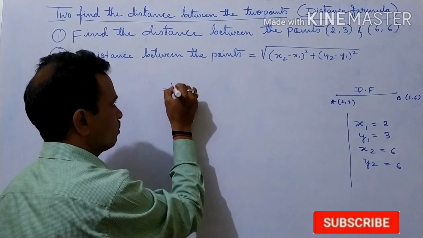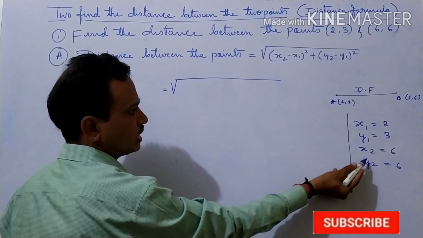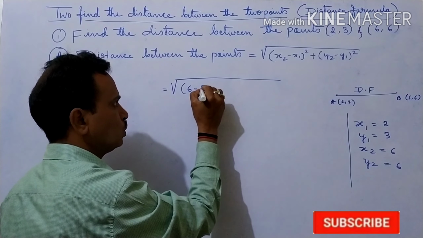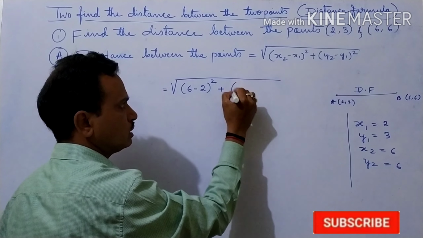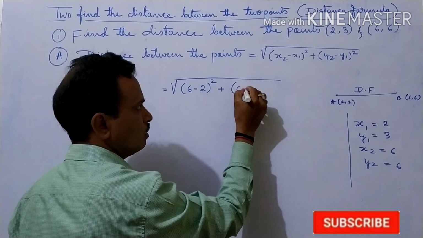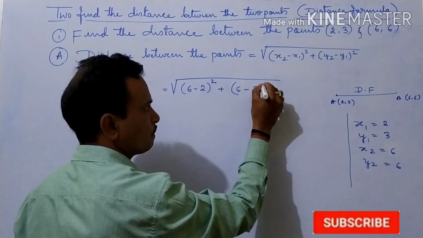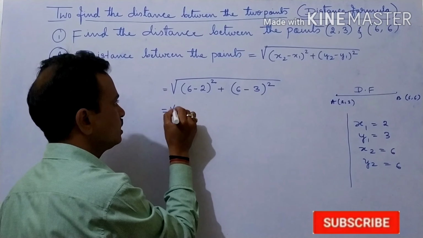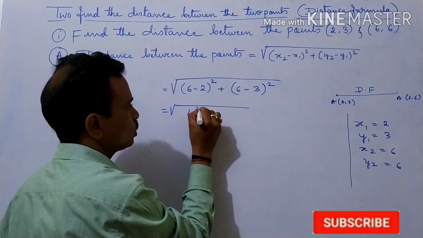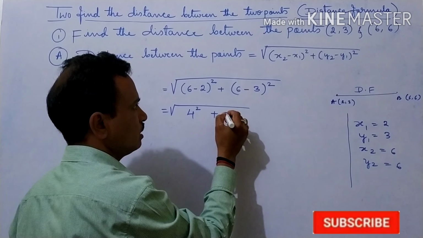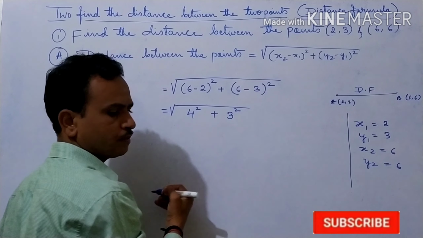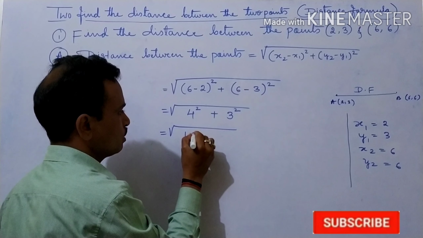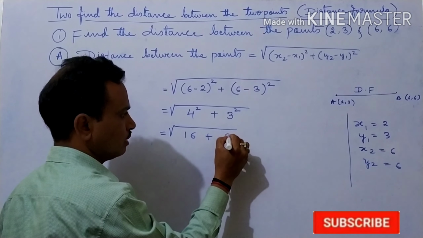Now x2 is 6, minus x1 which is 2, whole square, plus y2 which is 6, minus y1 which is 3, whole square. 6 minus 2 is 4, square, plus 6 minus 3 square. 4 square is 16, plus 3 square is 9.